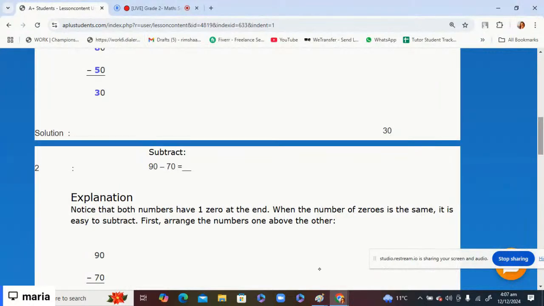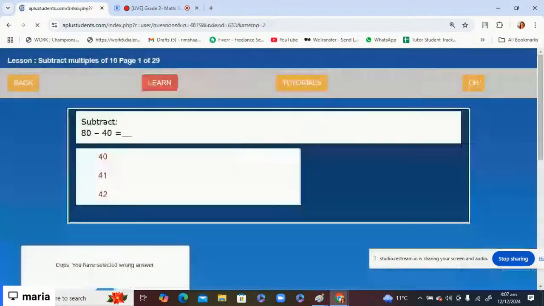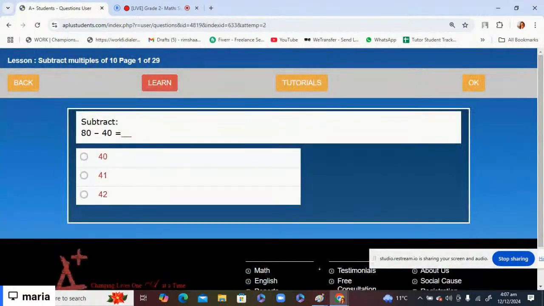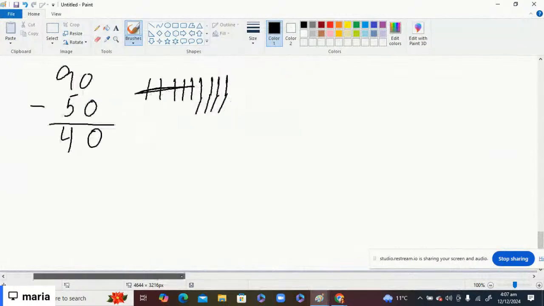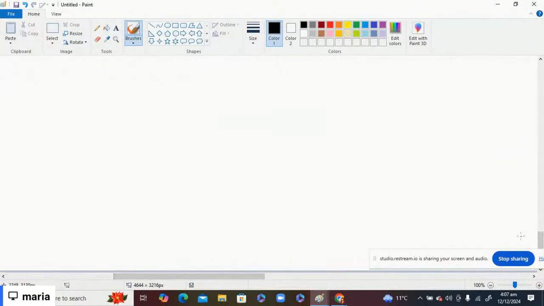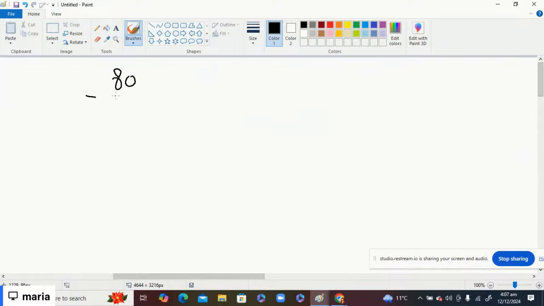Now let's do some test questions. So it's 80 minus 40. Let's solve it. 0 minus 0 is 0.